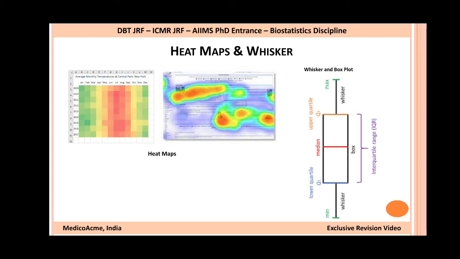Suppose the mean is, you can say, 80. Then 70 to 80 and 80 to 90 will have most of the data; you will find the largest number of data in the 70 to 80 and 80 to 90 range. And near 120 at the upper end, you will find a few data, and near 60 you will find a few data.